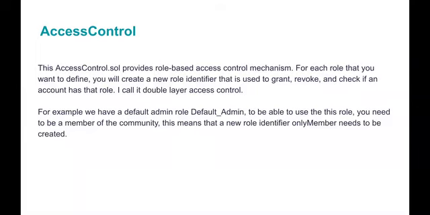So basically, this AccessControl.sol provides a role based access control mechanism. For each role that you want to define, you will need a new role identifier that is used to grant or revoke or check if an account has that role. So personally, I call it double layer access control.